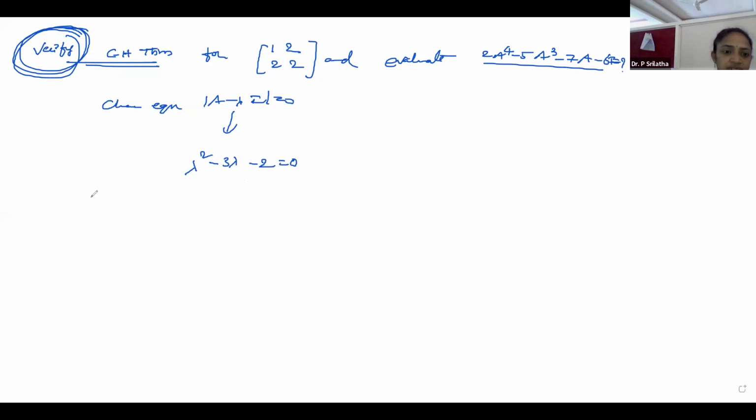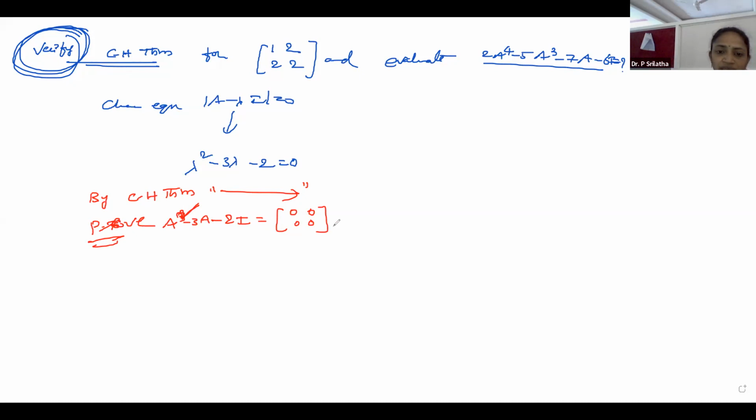So by Cayley-Hamilton theorem, what is the formula? What is our statement? You need to write the statement, that is every square matrix satisfies its own characteristic equation. So from that you will get A square minus 3A minus 2I, and you have to prove that this will be equal to 0.